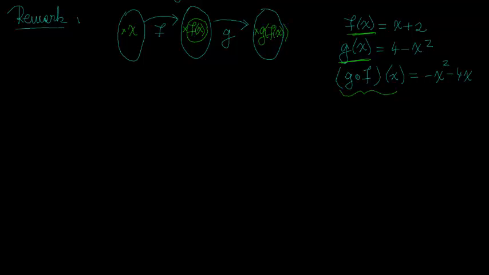So when I have the function f first act on x, it gets mapped to f of x, and if I follow this by the action of g, then this gets sent to g of f of x, which is exactly what g composed with f, this function, does. It's going to take x straight to g of f of x.